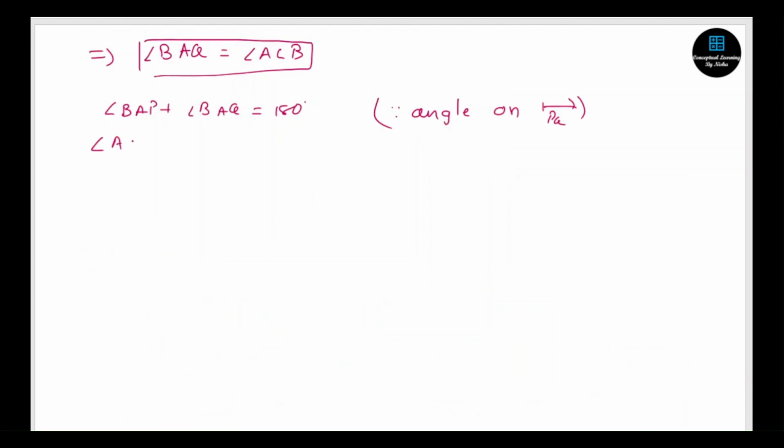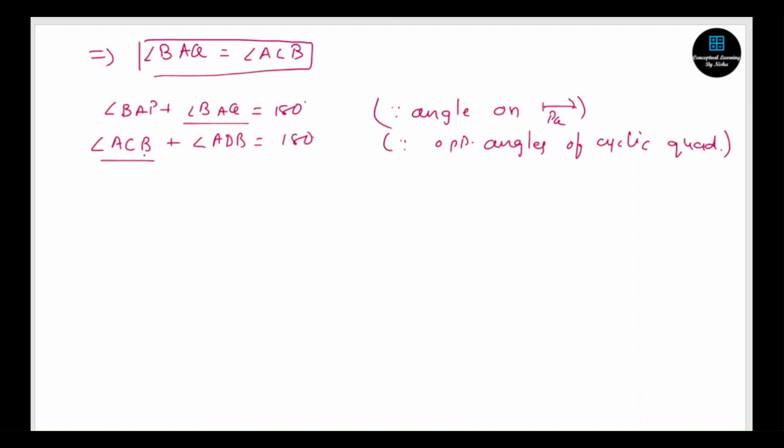So angle ACB plus angle ADB equals 180, opposite angles of a cyclic quadrilateral. Correct? And then what I can say now, see, we already proved that BAQ equals ACB.